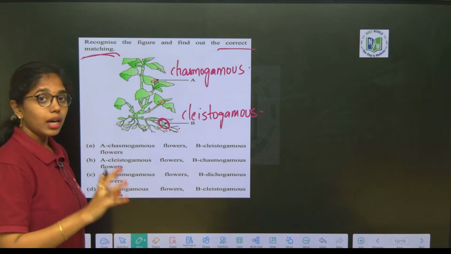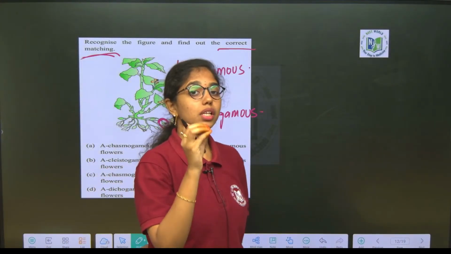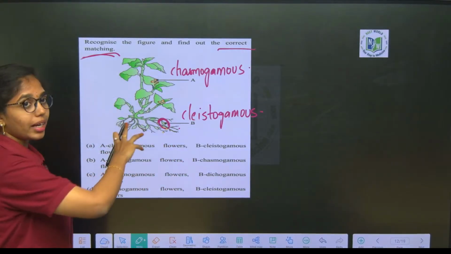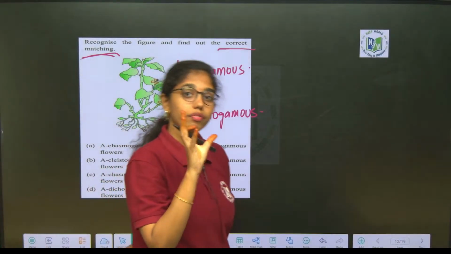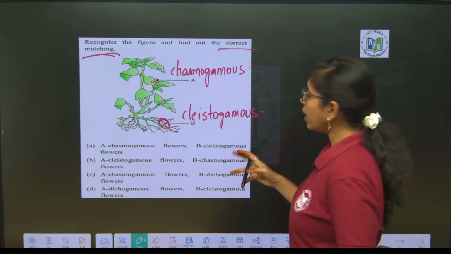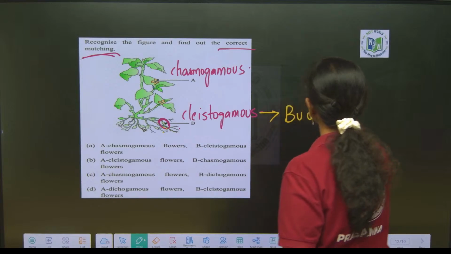Bud pollination, only autogamy is possible. That is, the pollen grain of the same flower can fertilize the egg of the same flower. Okay, but here the pollen grains of one flower can fertilize the egg of another flower of the same plant. So here bud pollination happens.